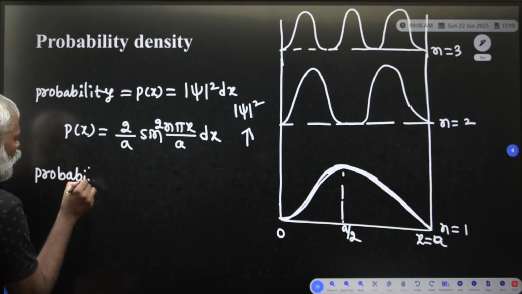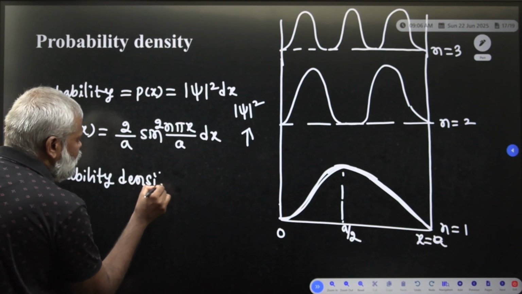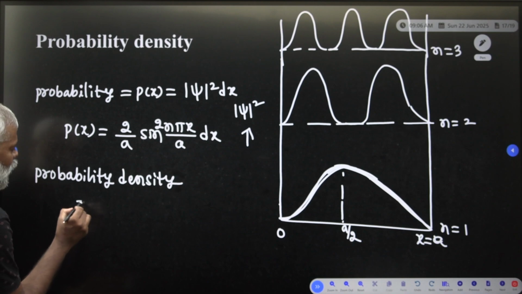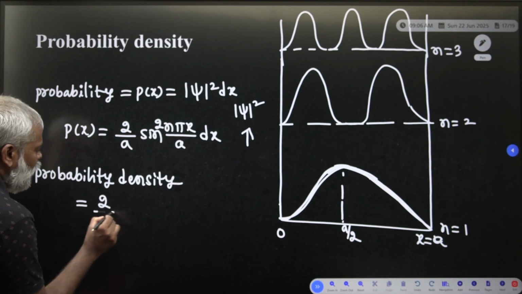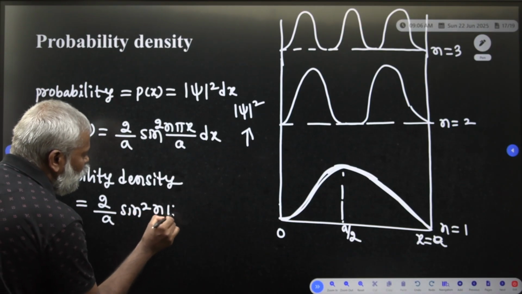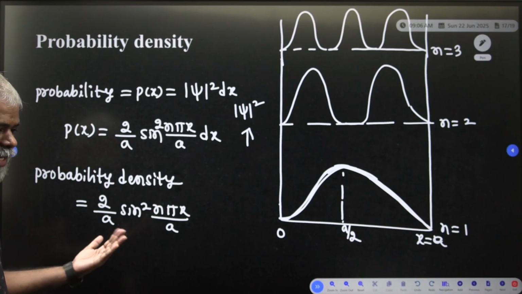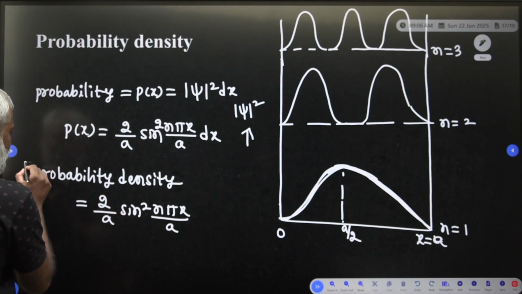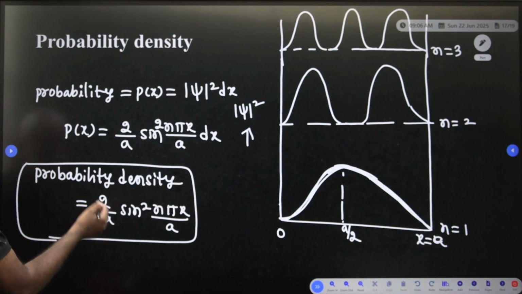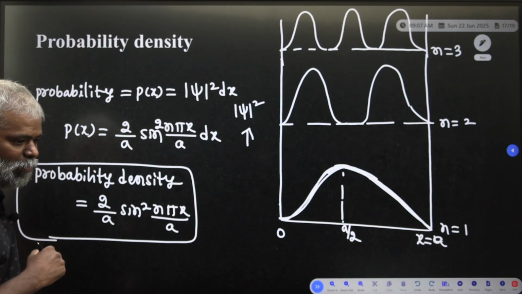Now you have to write the probability density. The probability density is equal to 2 by a into sine square n pi x divided by a.